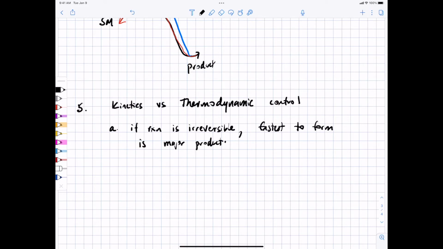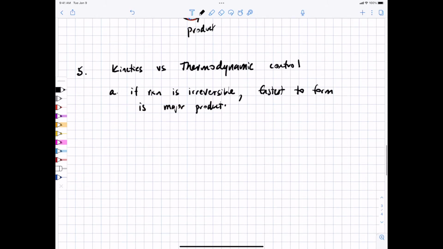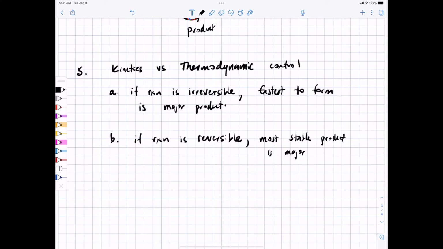Product stability doesn't matter. In contrast, if the reaction is reversible, that means starting material and products are in equilibrium, then the most stable product is the major product. So it's as simple as that.